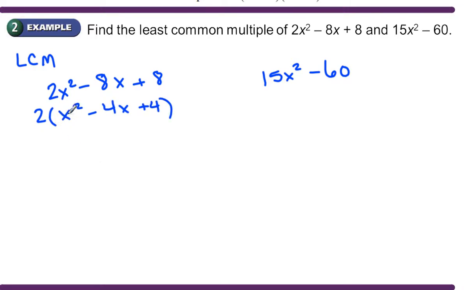Well, this is a perfect square, and this is a perfect square. The square root of 4 is 2. 2 times 2 is 4. So this is a perfect square trinomial. So we have 2 times x minus 2, x minus 2.